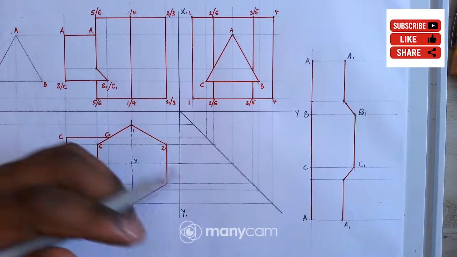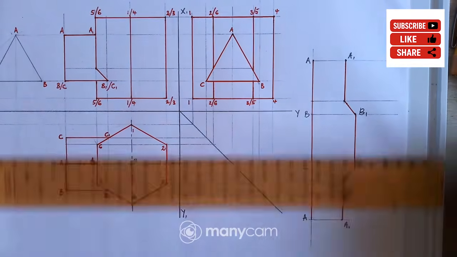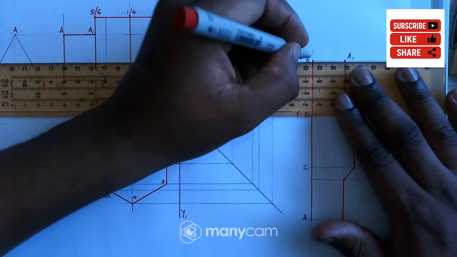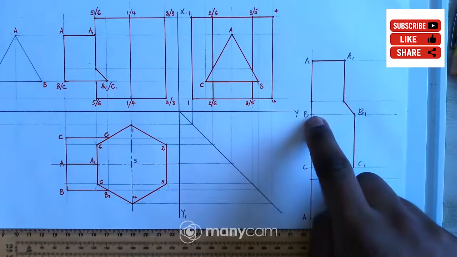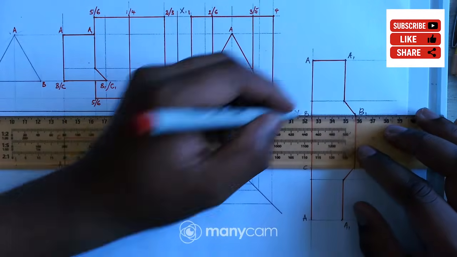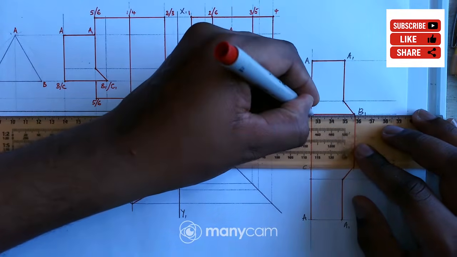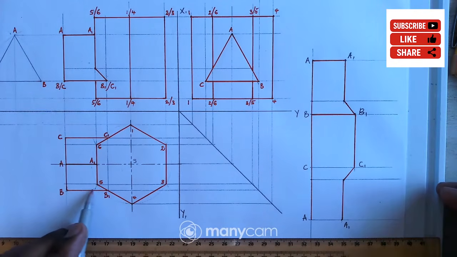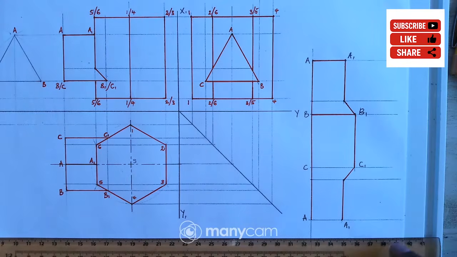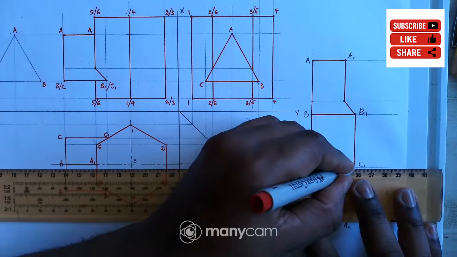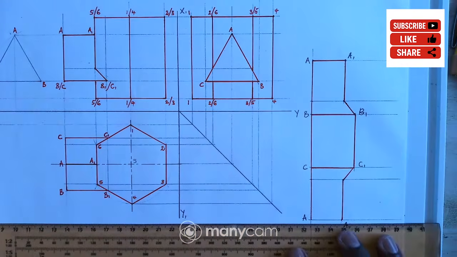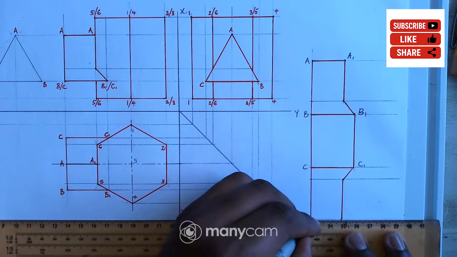So now I have to add the folding lines. So I'll start with this edge there, A1, right? So B1, it's a folding line because it's an edge, right? It's this edge here, B1. Then we have C1, like that, and the seam right there.